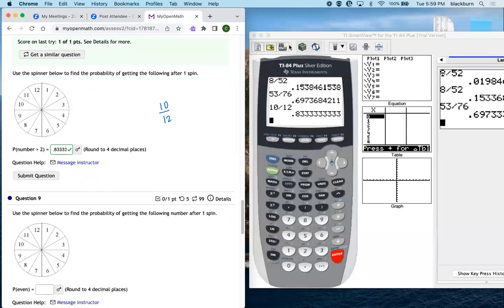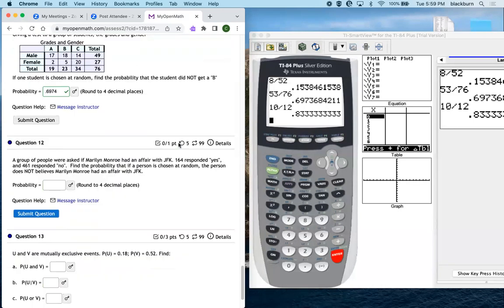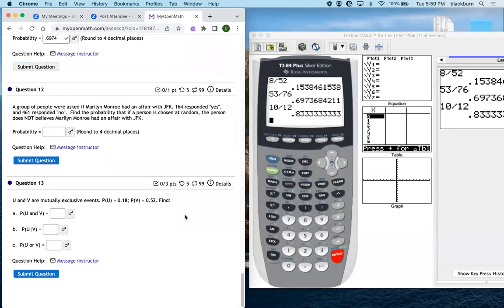Okay. So the last problem we should go over is number 13. If U and V are mutually exclusive, mutually exclusive means that they cannot happen at the same time. So let's write that down.